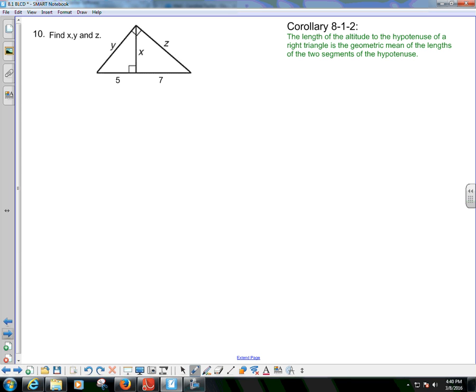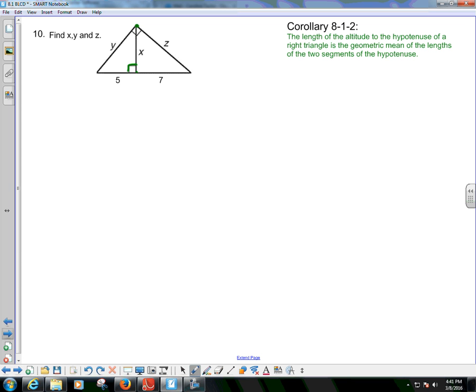Okay, so let's do number 10. So I've put the corollary on this page to help us get started. The length of the altitude to the hypotenuse of a right triangle is the geometric mean of the lengths of the 2 segments of the hypotenuse. All right, so what does that mean? Well, the altitude goes from the vertex of the big triangle and you come across to the hypotenuse and you hit at a right angle.